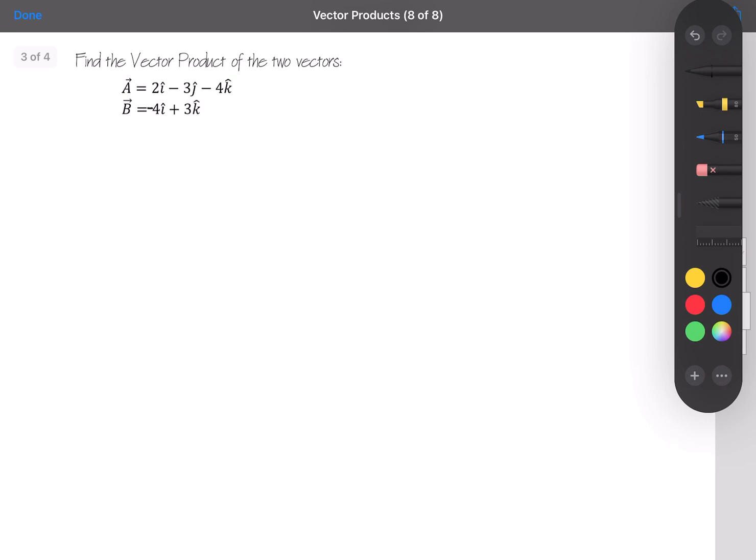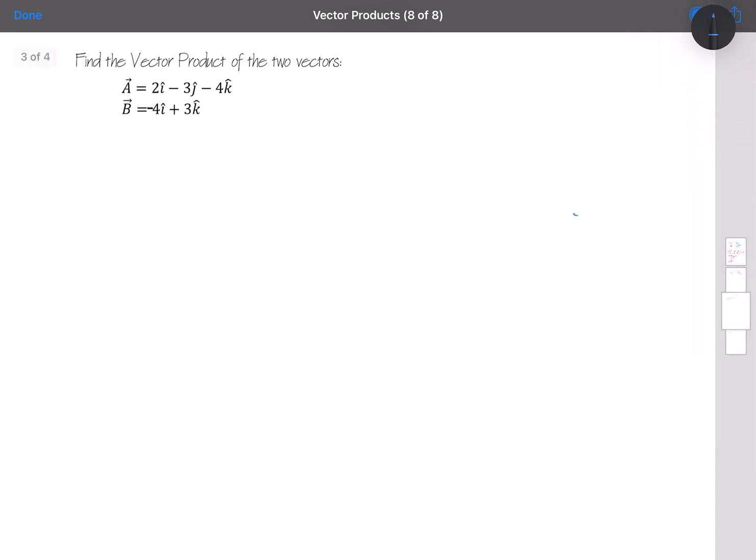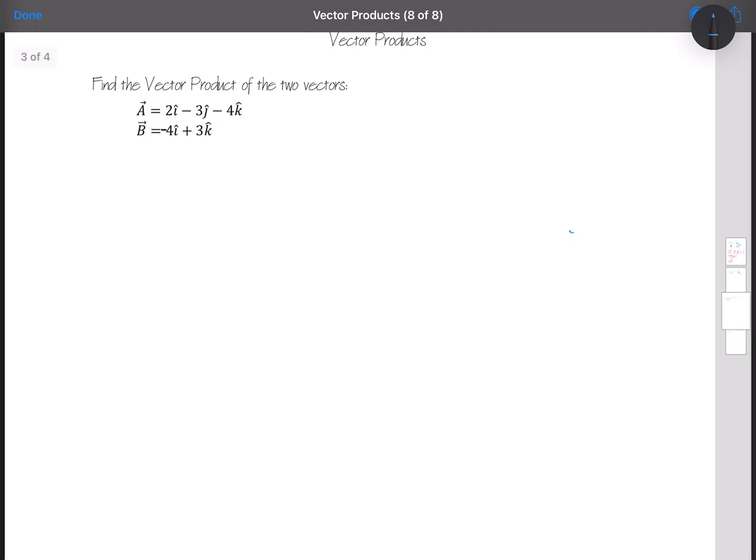Okay. In using unit vectors, you have the formula in the notes that were given to you.